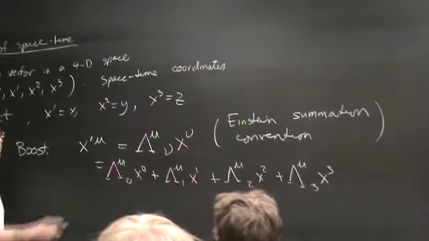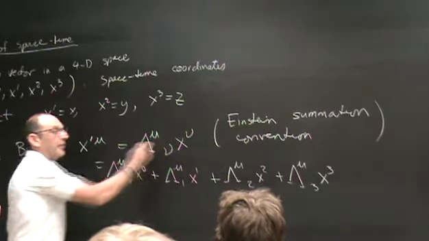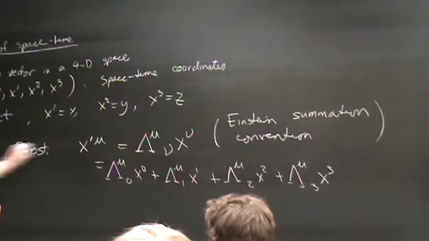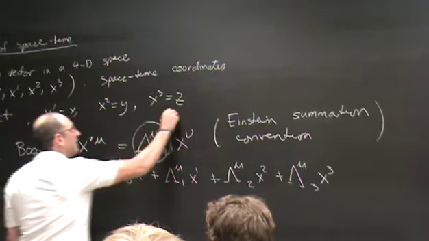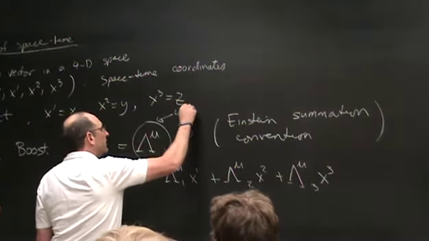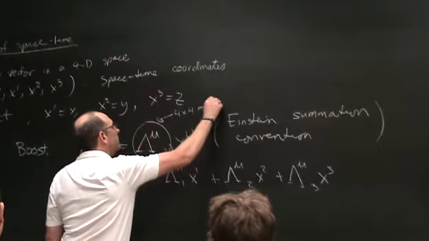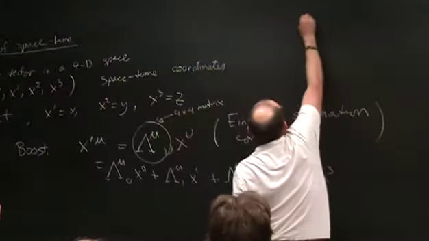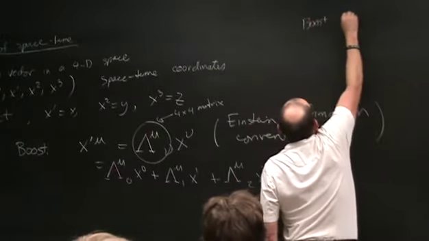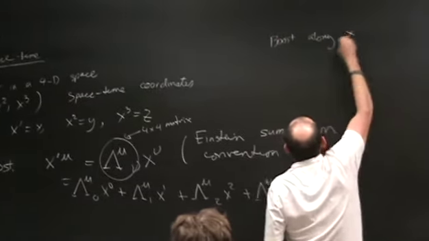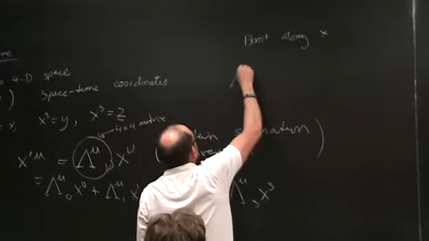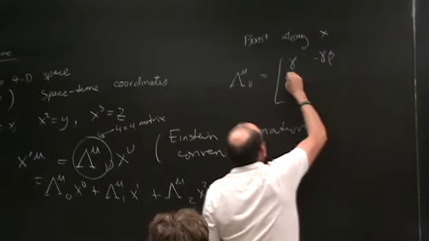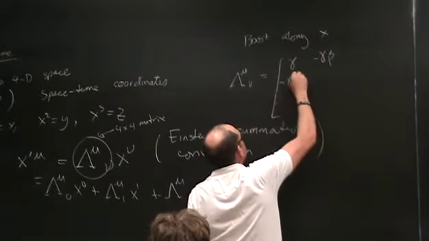Okay? And you always sum an upper index with a lower index. The matrix here is a 4x4 matrix. That is, these are the elements of a 4x4 matrix, where for a boost along x, the matrix looks like this.